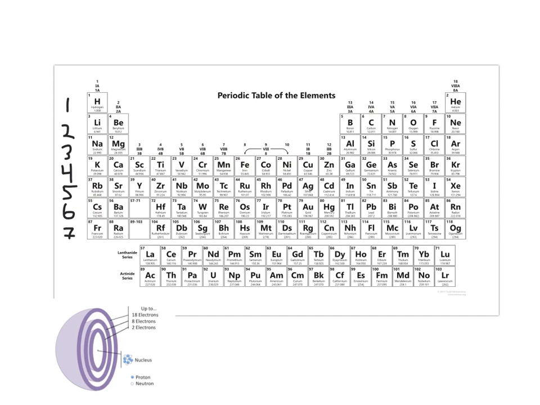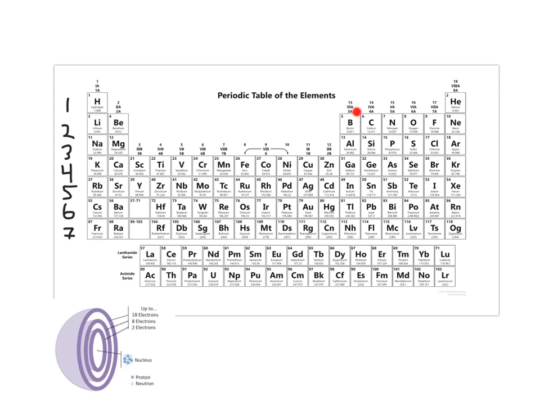If we just number the columns 1, 2, 3, 4, 5, 6, 7, and so forth, which is the newer numbering system, then when we get over to this block of elements over here, we have column 13, which actually only has 3 electrons in the outermost shell of those atoms.